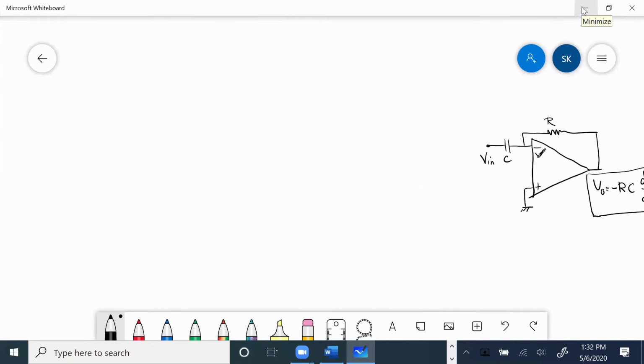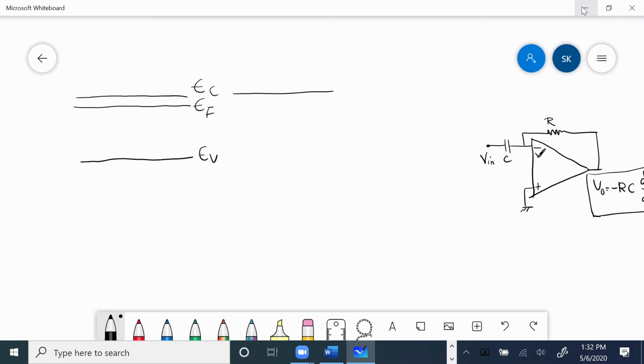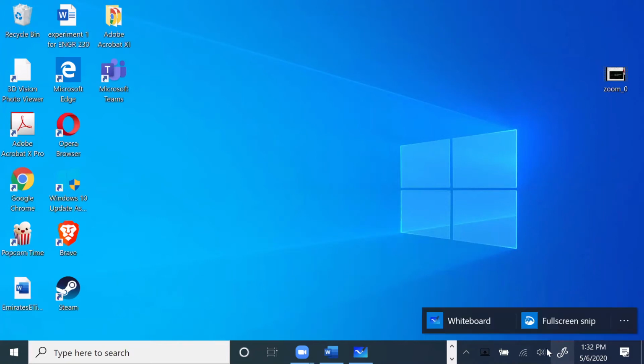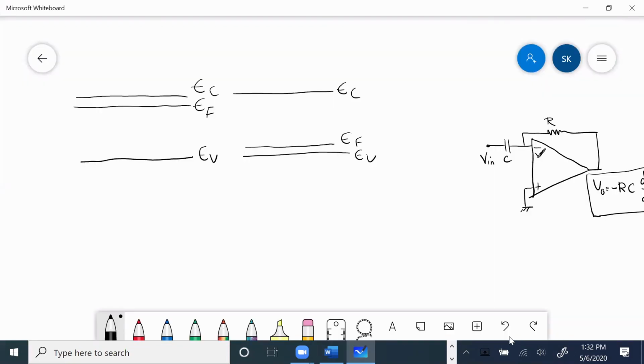So when we have an N-type piece of semiconductor, that is what we show as N-type, EC, EF and EV. The semiconductor is also a P-type, that is EC, EF, and EV. When we connect them together, the Fermi level stands at equilibrium.